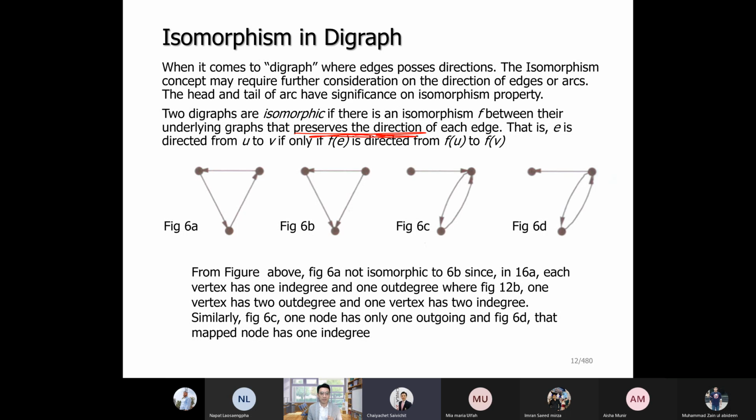So in this one, we must make sure that, as a result, the graphs must have the same in-degree and out-degree format. If we look at 6A and 6B, another pair is 6C and 6D. Without the direction, these two graphs are obviously isomorphic. But if the edges have been assigned direction, for example 6A and 6B, three edges.